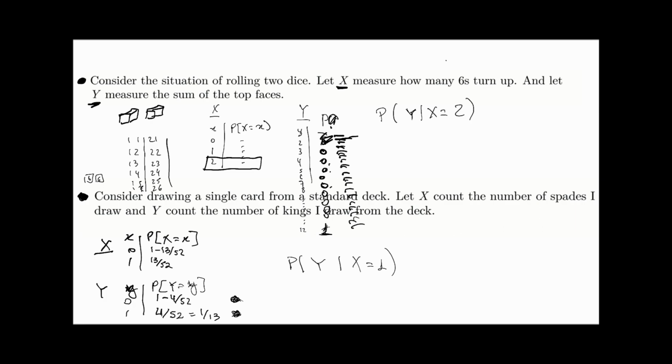And if you got a spade, which is 1/13, you still have 1 king over all the spades that are 13. So this is intact. And the other part will be the same, 1 minus 1 over 13. So when you have this intuition that what happened first doesn't help me, then it's independence.